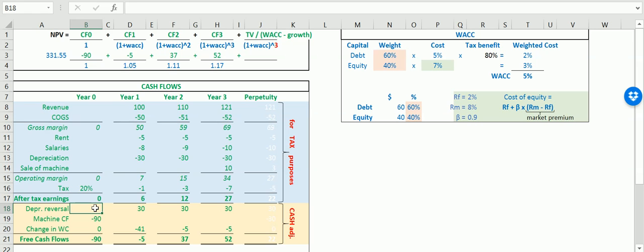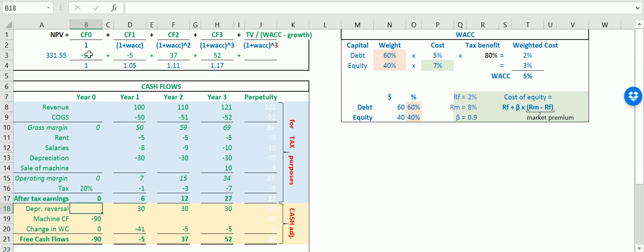So to do that, we reversed depreciation, and then we showed the capex movements, and we added the changes in working capital, and that gives us the free cash flows.